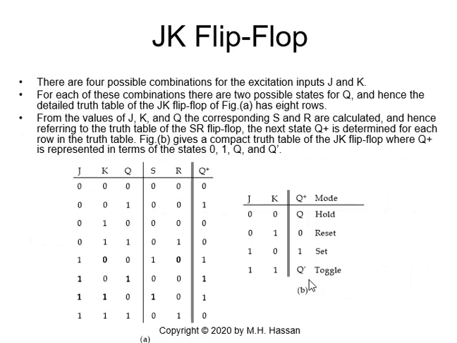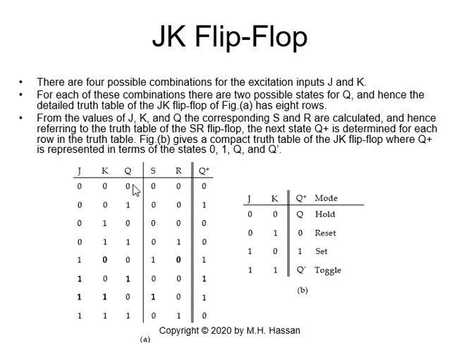So if we look at the truth table of the flip-flop, there are 4 possible combinations for the excitation inputs J and K, and these are 00, 01, 10, and 11. And Q will be 0 or 1, depending on the present state, which is the output of the flip-flop.